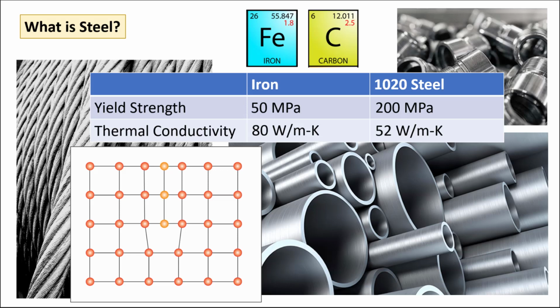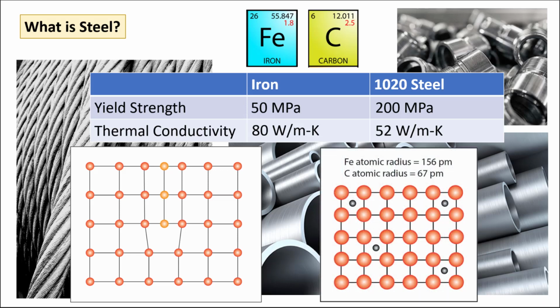The carbon atoms get in the way of the electron's path, kind of like speed bumps, making it more difficult for the material to transfer heat. This is the case for most alloyed metals. The pure form of the metal is more electrically and thermally conductive, but less strong.